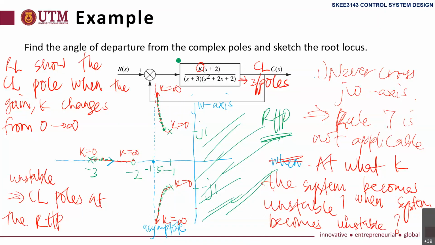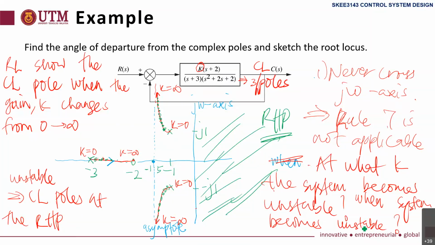It is always on the left, and will not go to the right. That means the system is always stable. For all values of K that we use, the system will be stable. It will not go unstable.